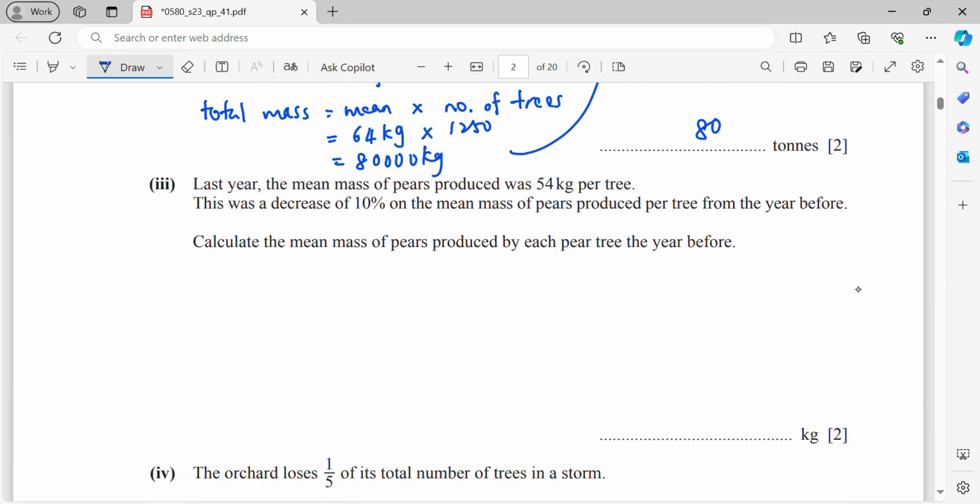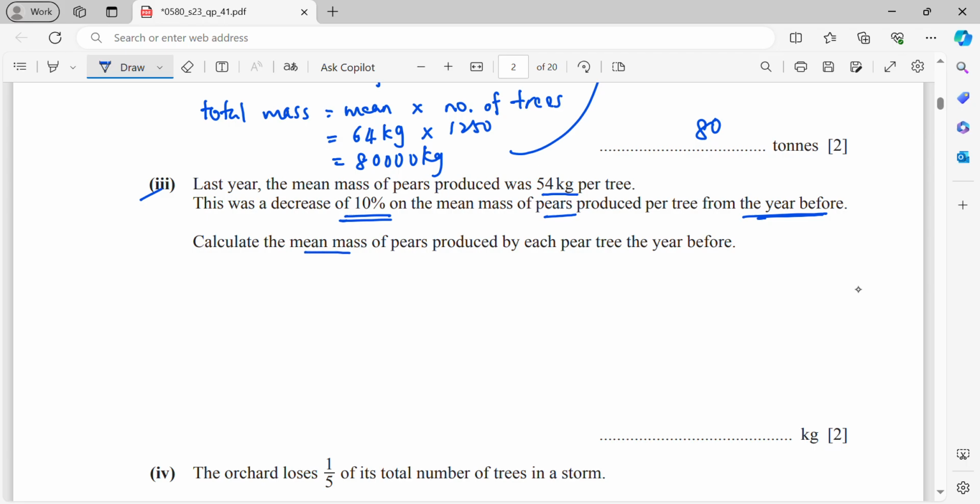Okay, now third part. Last year, the mean mass of pears produced was 54 kilograms per tree. This was a decrease of 10% on the mean mass of pears produced per tree from the year before.